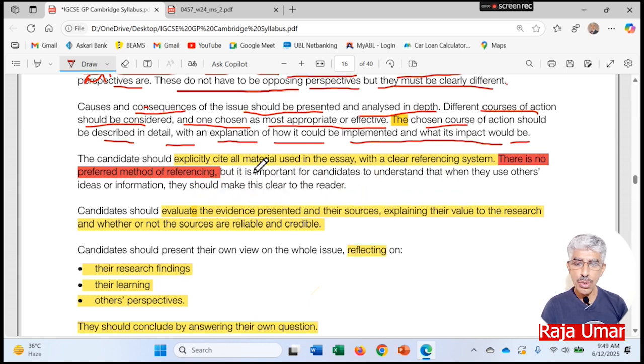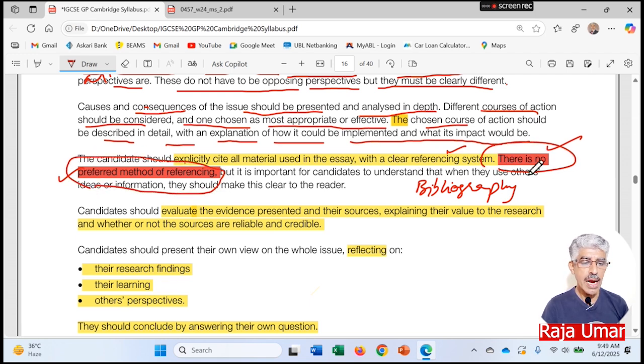The candidates should explicitly cite all materials used in the essay with a clear referencing system, I mean a bibliography. But a very important sentence is this one, which I highlighted in red: there is no preferred method of referencing.